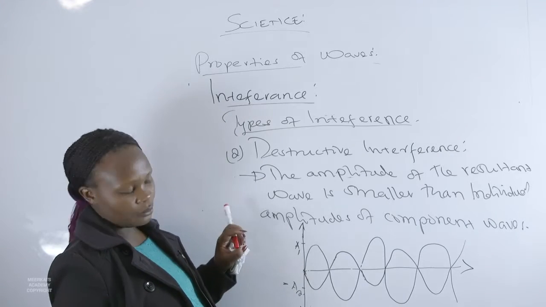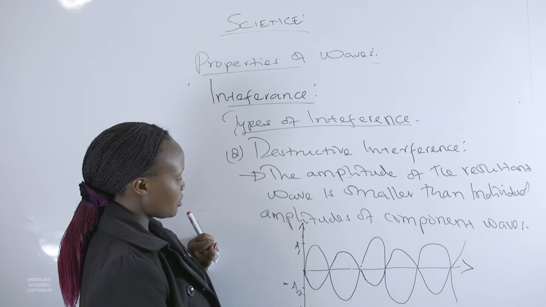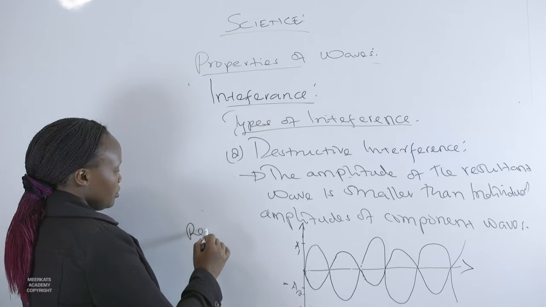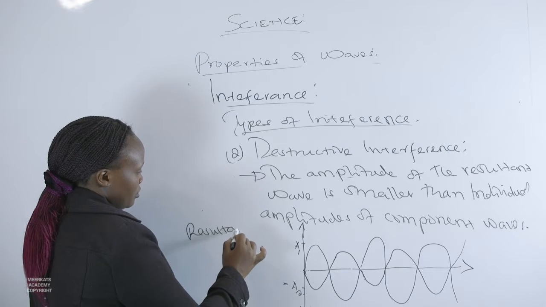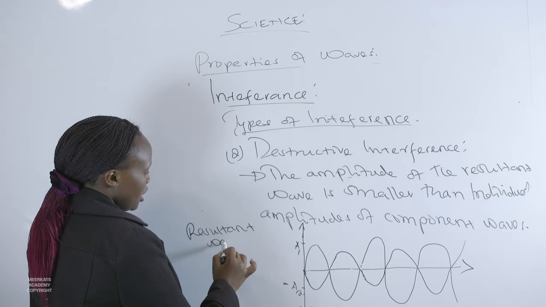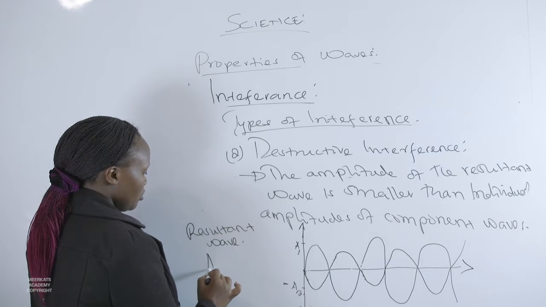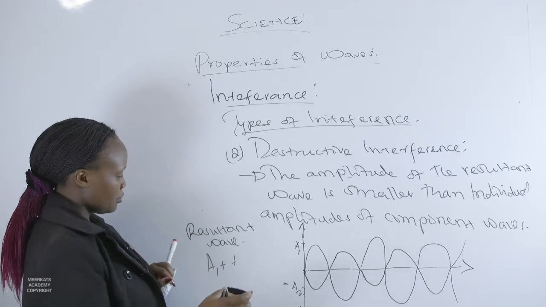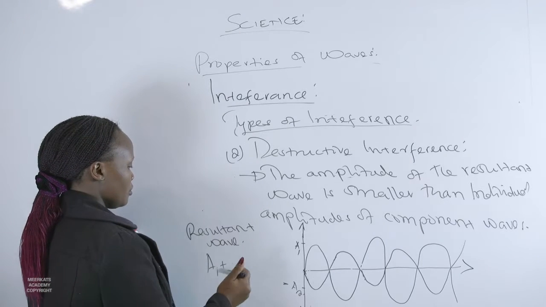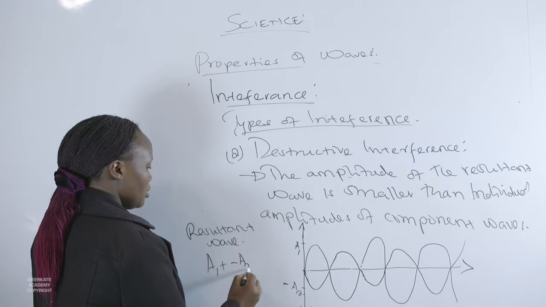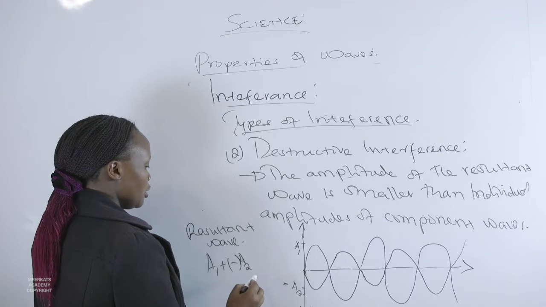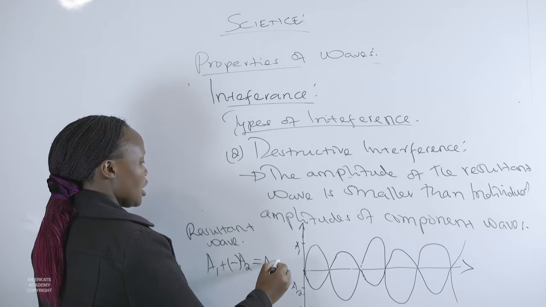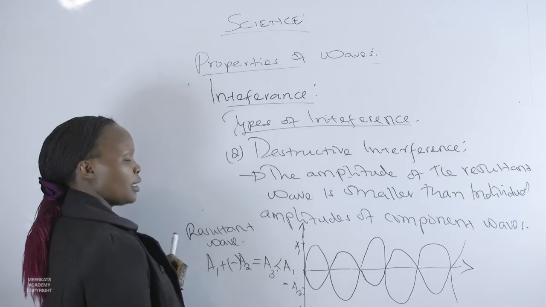Now, we will expect our resultant wave to have an amplitude equal to A1 plus negative A2, so that we have an amplitude A3 which is actually smaller than A1.